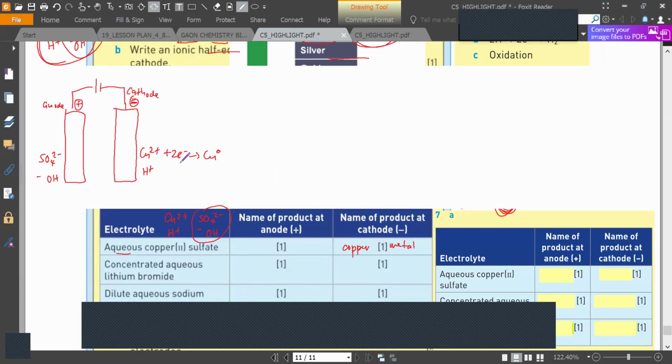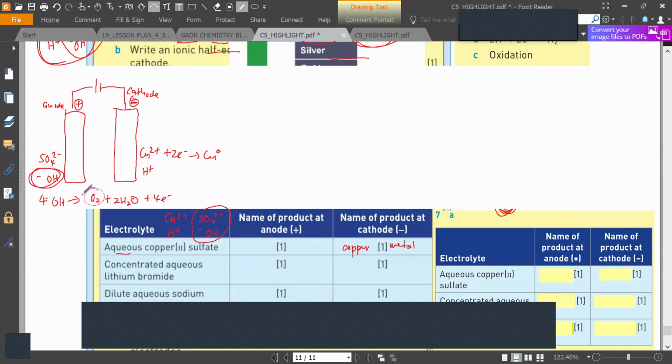And then at the anode, we have sulfate and hydroxide. Always hydroxide will be selected, always. Sulfate is very stable. So our equation will be like this: 4 hydroxide gives oxygen gas, and 2 water, and 4 electrons.